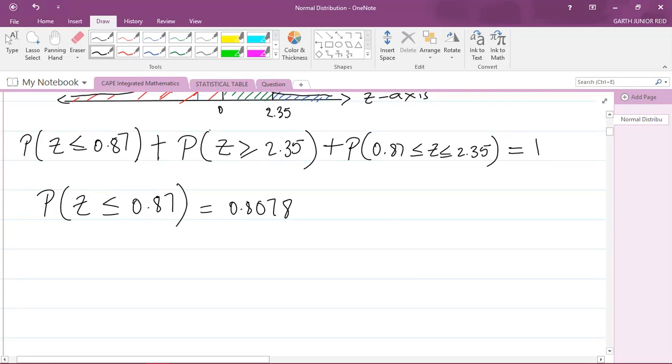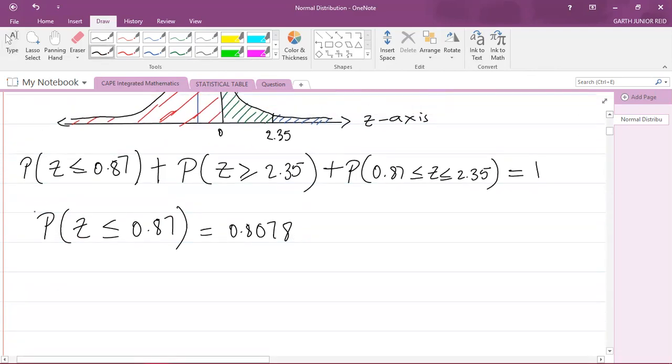Well, we know that if we add... I'm going to also write a third equation here. If we add the probability of Z being less than or equal to 2.35, so to the left of 2.35, that is the combination of the red area and the green area.